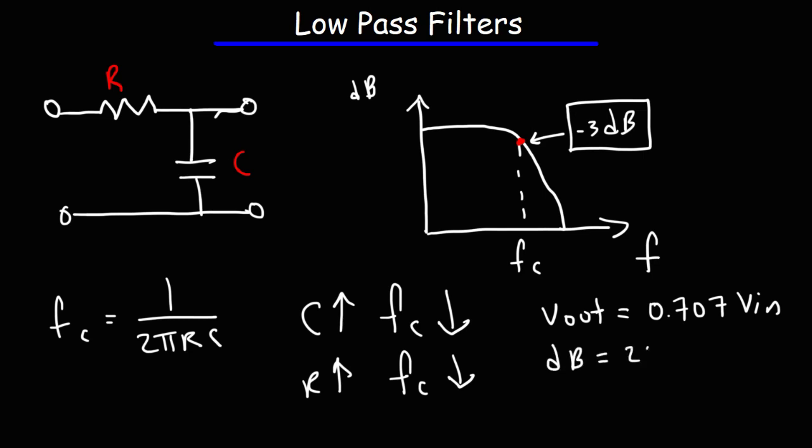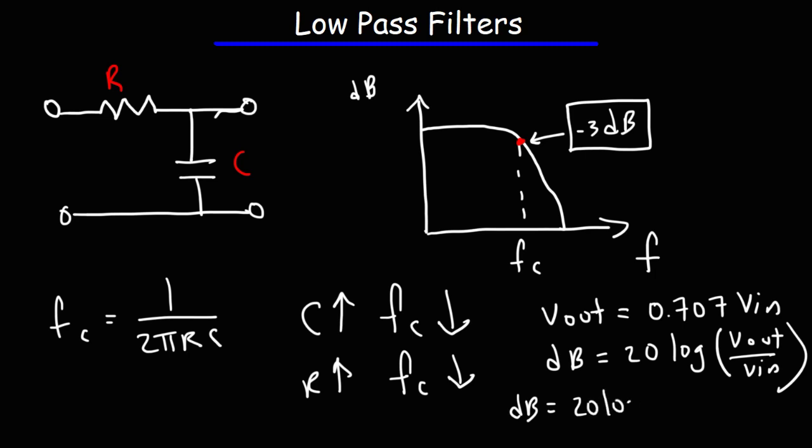The decibels is equal to 20 log of the ratio of the output voltage to the input voltage. So if you were to type in 20 log 0.707, you would get negative 3.01 dB, which corresponds to a 3 decibel drop. So that's where that number comes from.